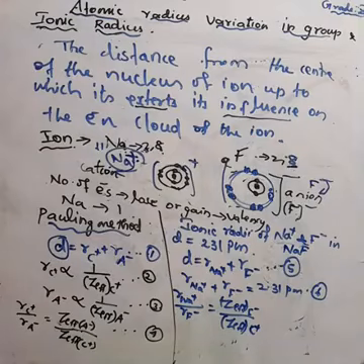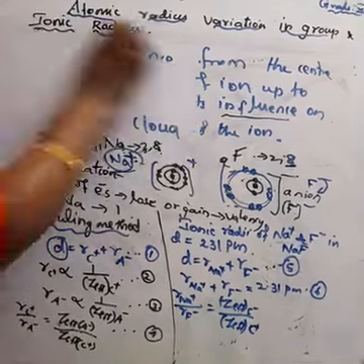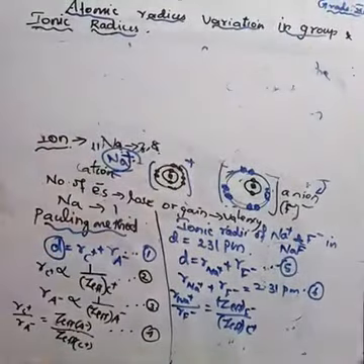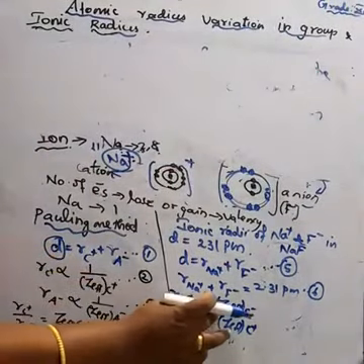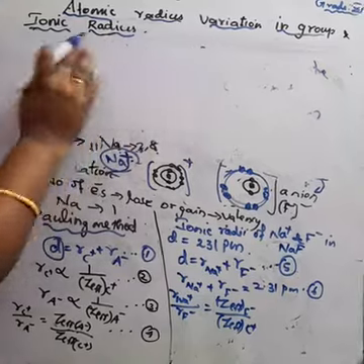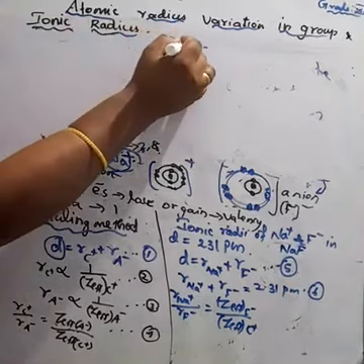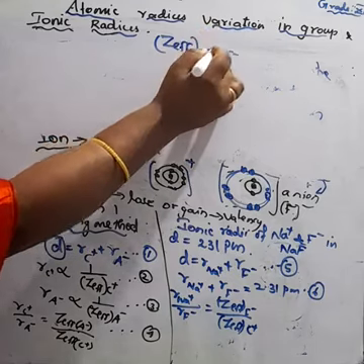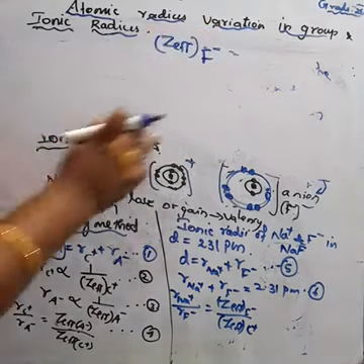Here Zeff of F minus means the effective nuclear charge for the fluoride anion. What is the electronic configuration for the fluoride anion?